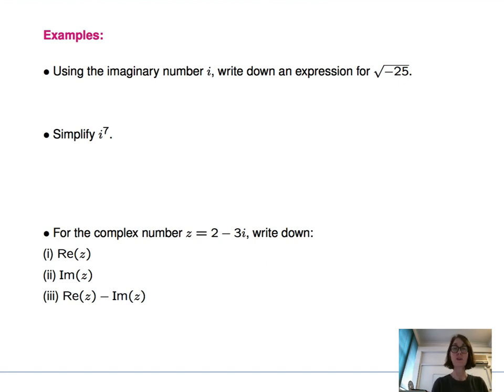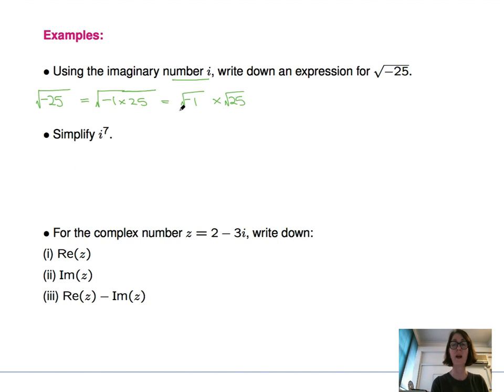Okay, so what we want to do then is write down some numbers using this imaginary number i. For example, we can write this simple number, the square root of minus 25, and here you're going to have to remember your index laws. If I've got the square root of the product of two things, I can write it as the square root of minus 1 times the square root of 25.